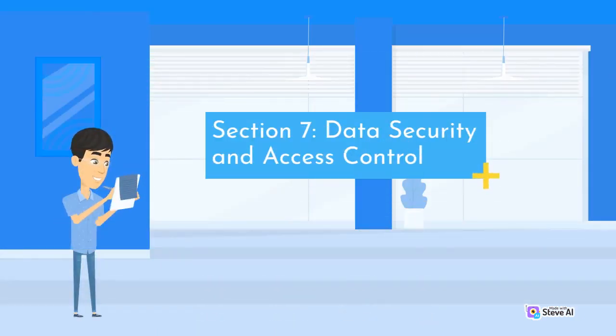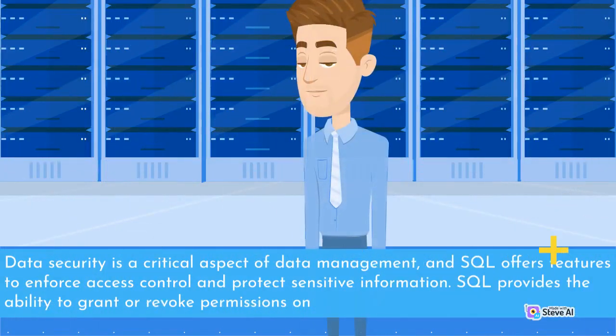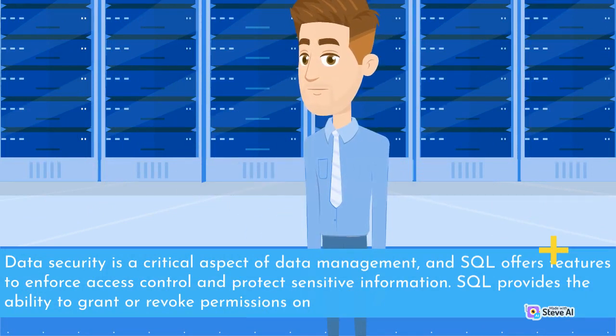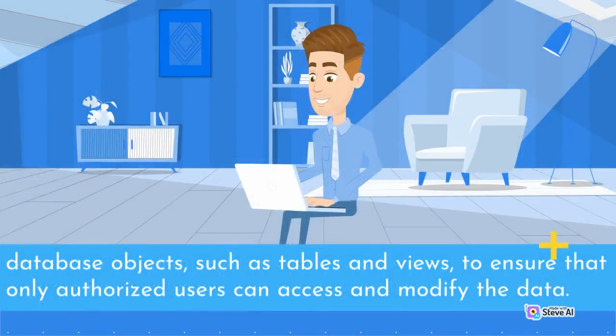Section 7. Data security and access control. Data security is a critical aspect of data management, and SQL offers features to enforce access control and protect sensitive information. SQL provides the ability to grant or revoke permissions on database objects, such as tables and views, to ensure that only authorized users can access and modify the data.